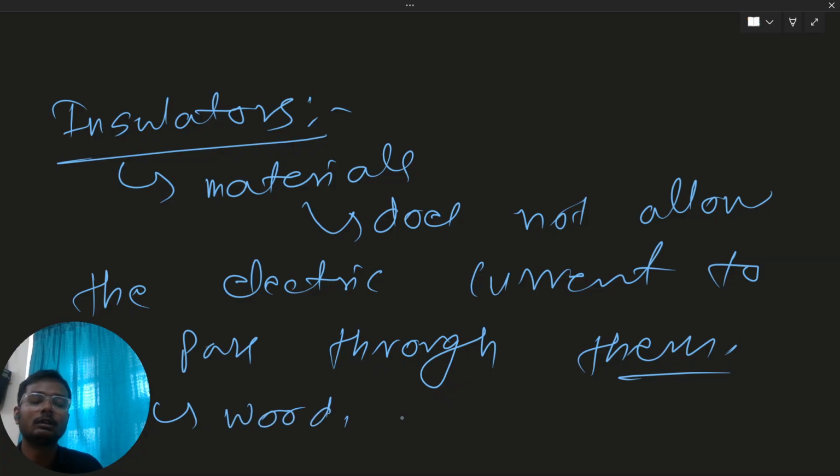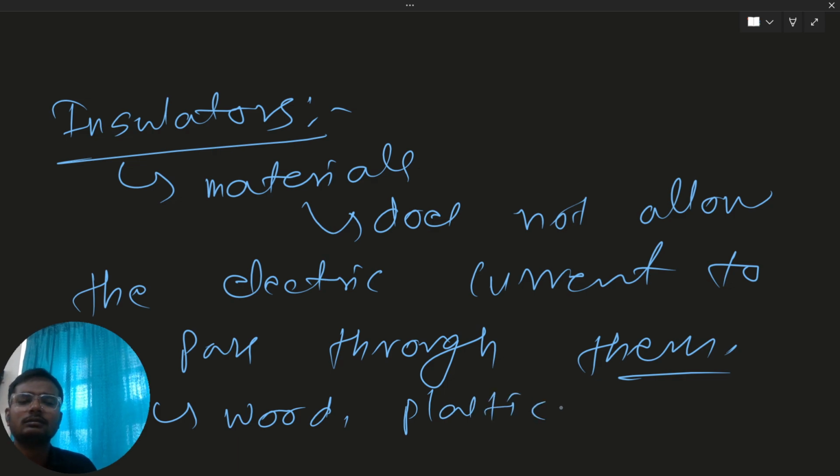Wood, any plastic, etc., all those things. This does not allow the electric current to pass through it.